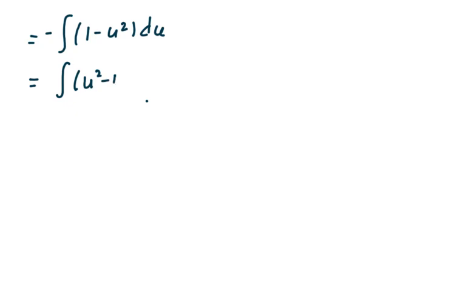Now, pulling the negative out in front of the integral, I could write this as negative the integral of 1 minus u squared du. Now, I would suggest moving the negative in and writing this as the integral of u squared minus 1 du. So I just distributed the negative to both the 1 and the u squared.